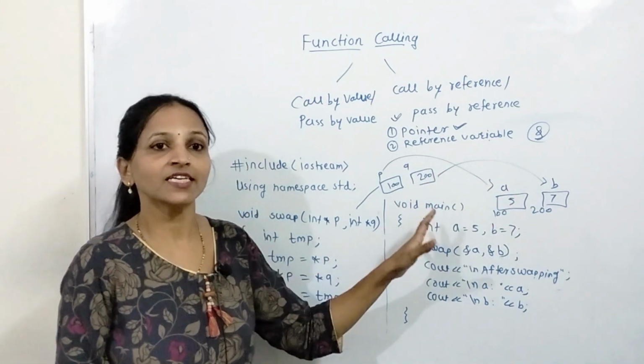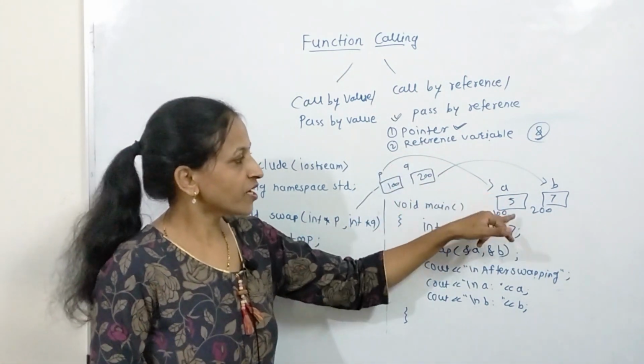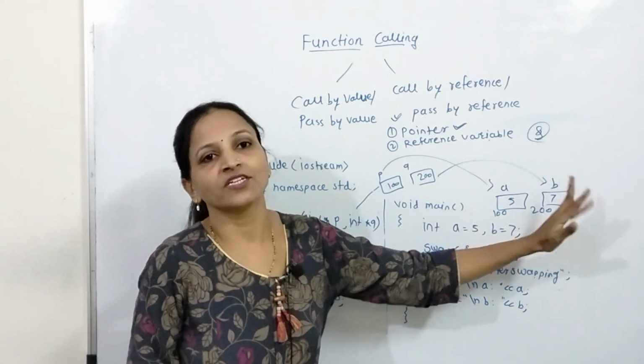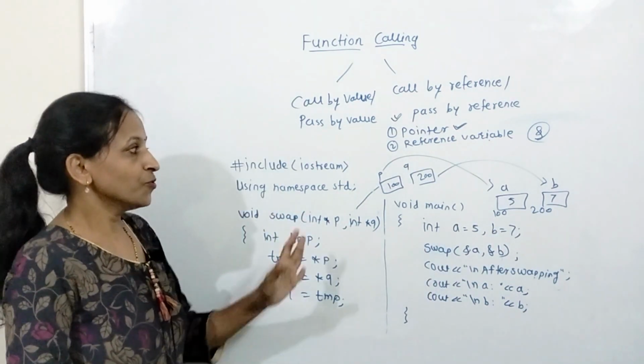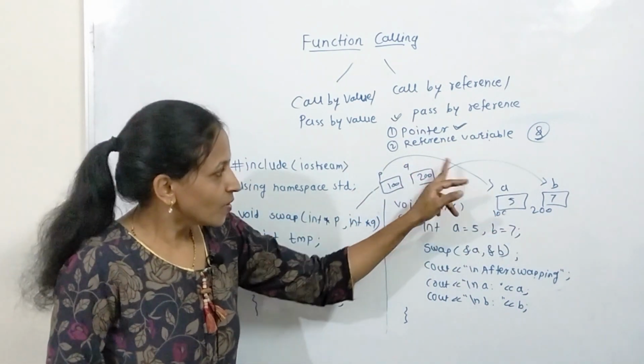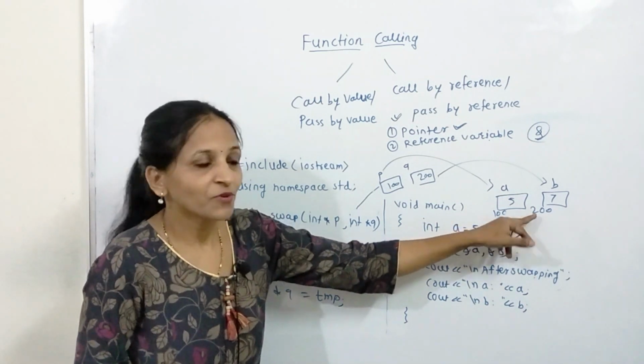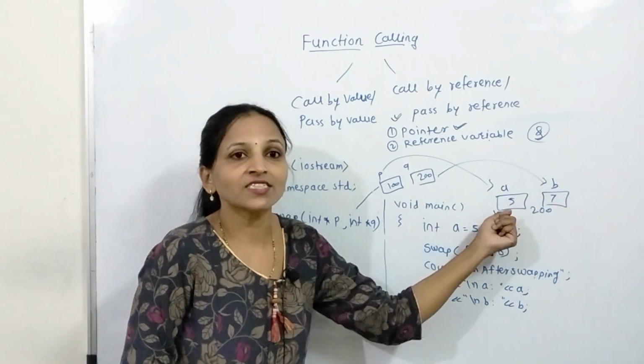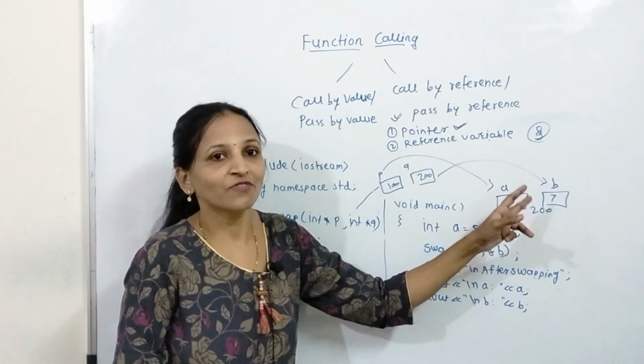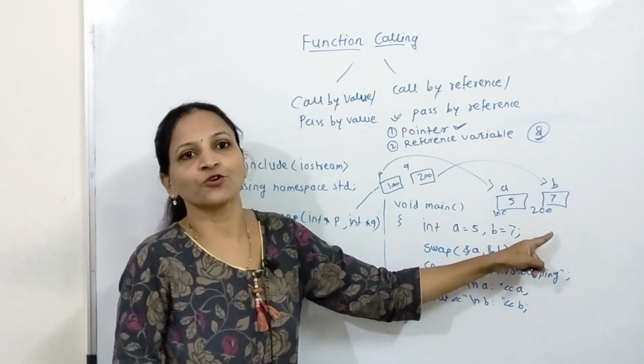Means we can say that here p is pointing to a and q is pointing to b. Now using this pointer concept, we can fetch these actual arguments and modify them.